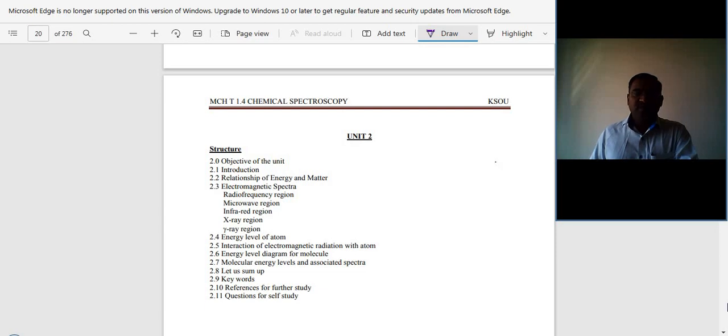In Unit 1, we discussed the fundamentals of spectroscopy.